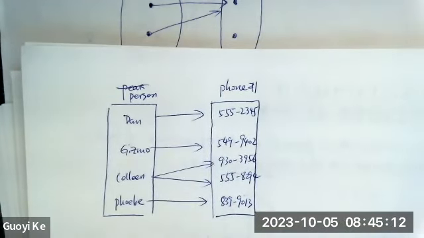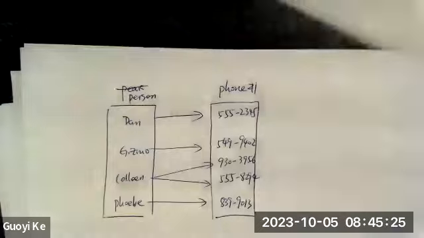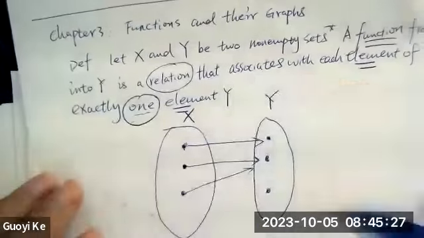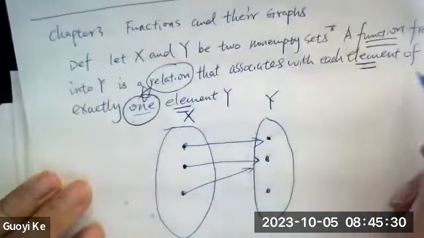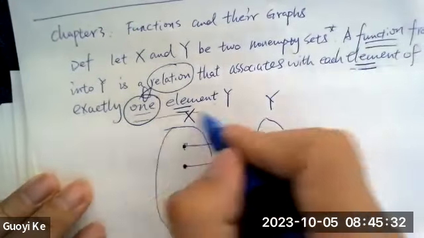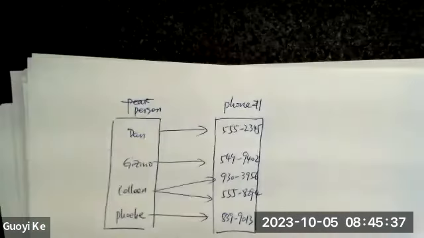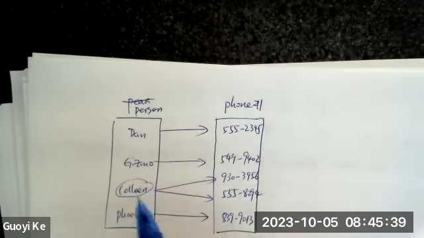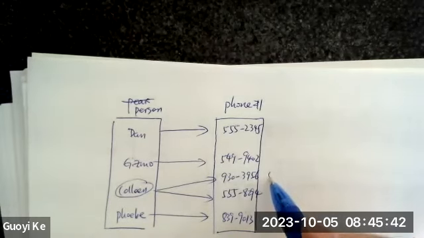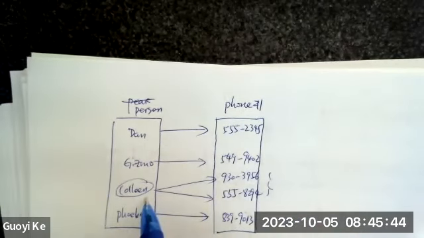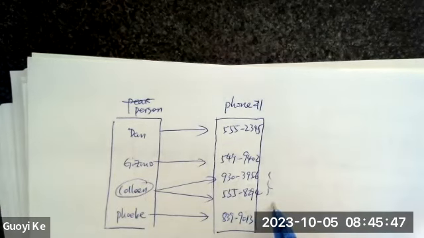So, is that a function or not? Can you guess? Good job. Based on the definition, one x should have one y. And here, we can see Pauline has two cell phone numbers. So that means 1x, 2y.